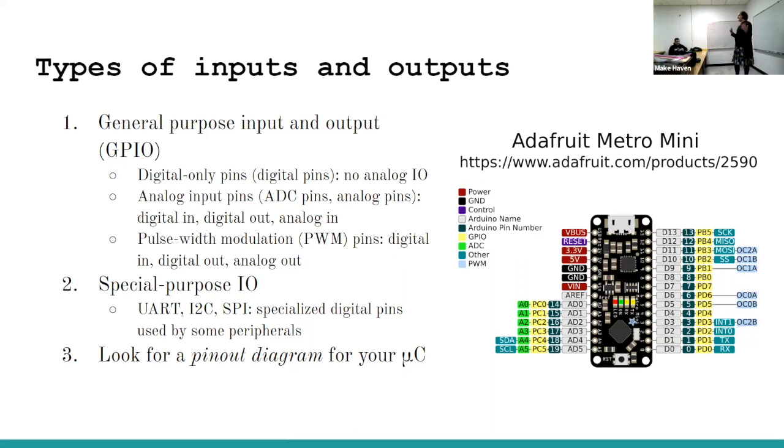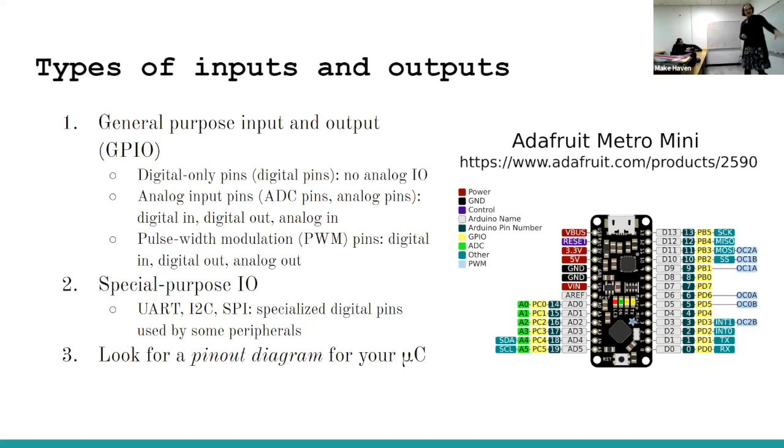You would connect that LED to a PWM pin, because then you can say, I want to output, let's say, 50%, halfway between 0 and 1. A PWM pin can do that for you, and a digital pin cannot. A digital pin could only output a 0 or a 1.